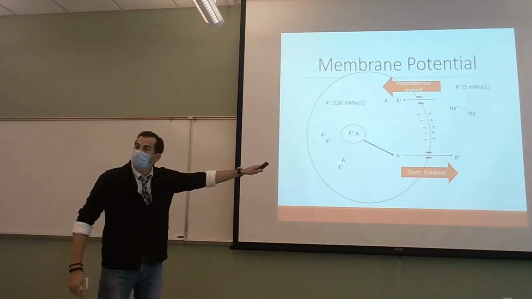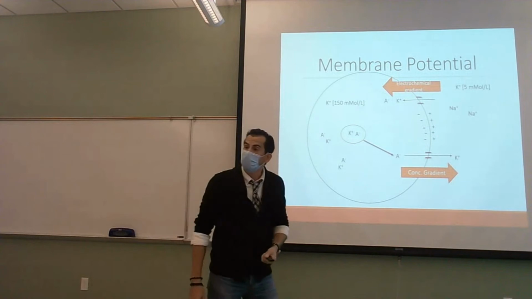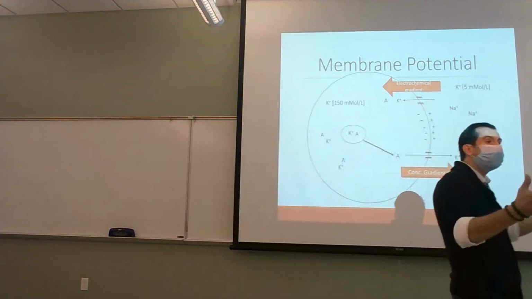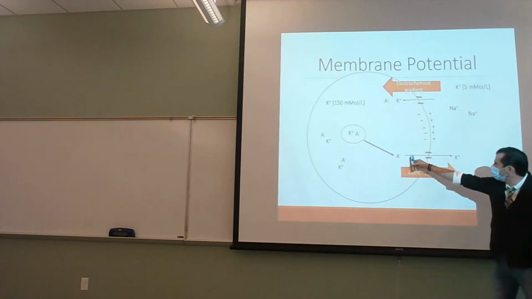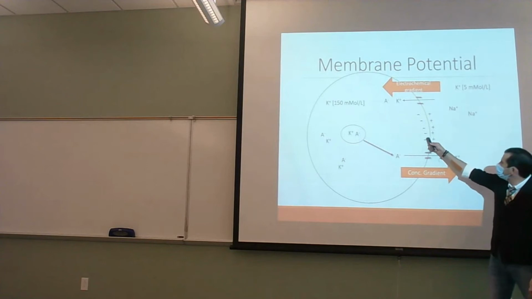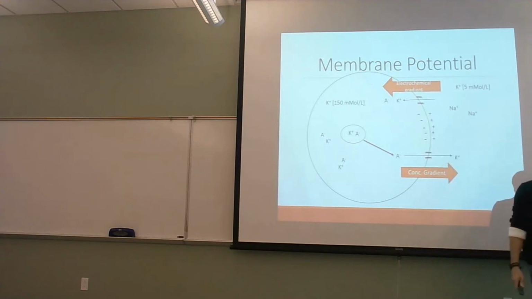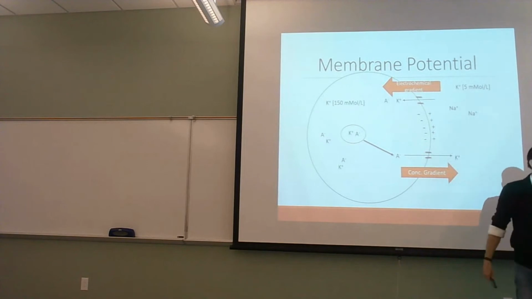That eventually catches up with you. Because now we've got this attractive force of negatives and positives pulling potassium back across again in the opposite direction. It diffuses out along its concentration gradient. But once we get a big enough difference of positives and negatives across that membrane, the negatives are going to start to attract it back in again.